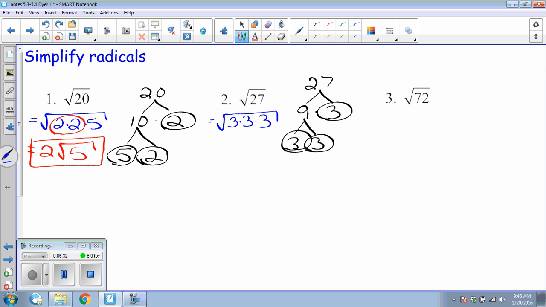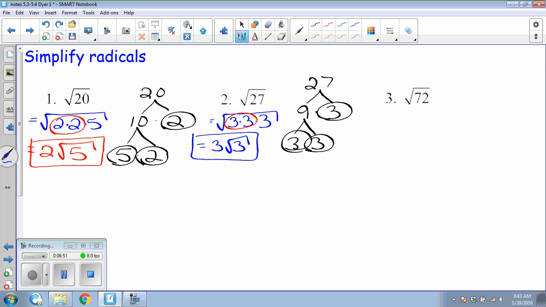After we do that, we circle our pairs, because that's going to tell me what I can take out. So I can take out a 3, but I still have 1 left underneath. So the square root of 27 is the same thing as 3 times the square root of 3.